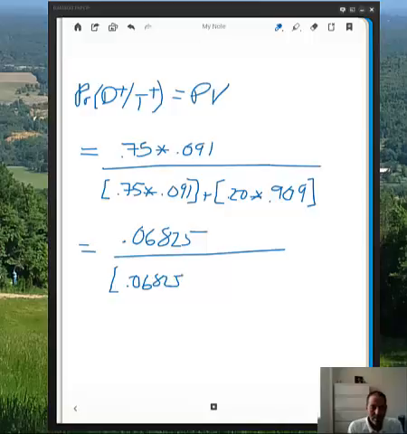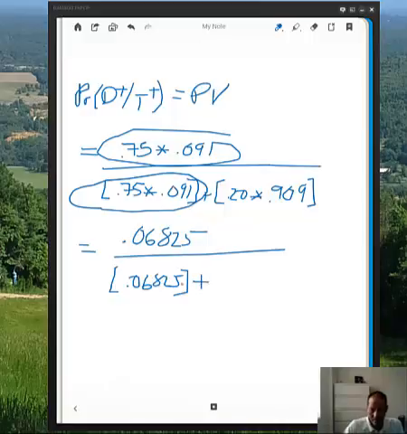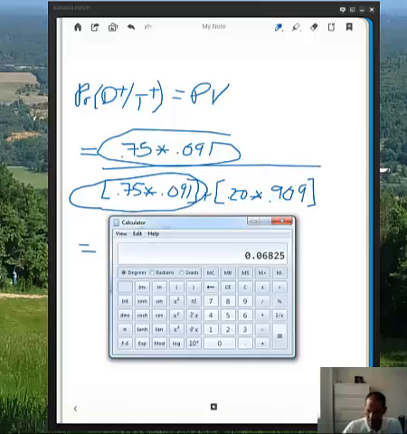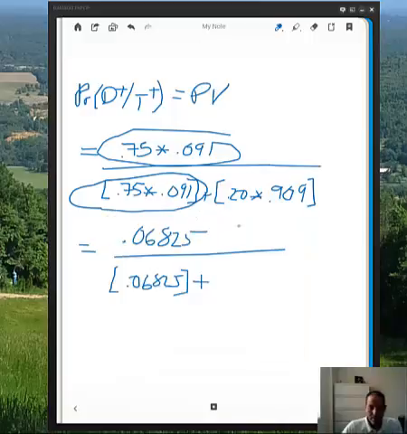I'm repeating that because this right here is the same as this, right? Okay? And we add to that 0.20 times 0.909, which is 0.1818. So it's 0.1818 here.